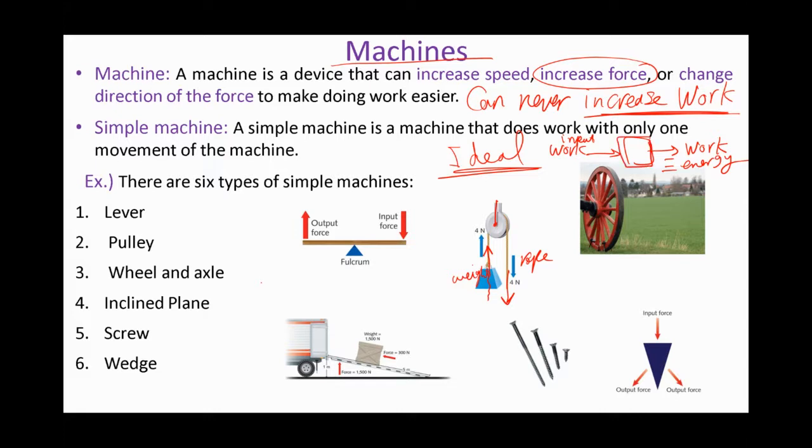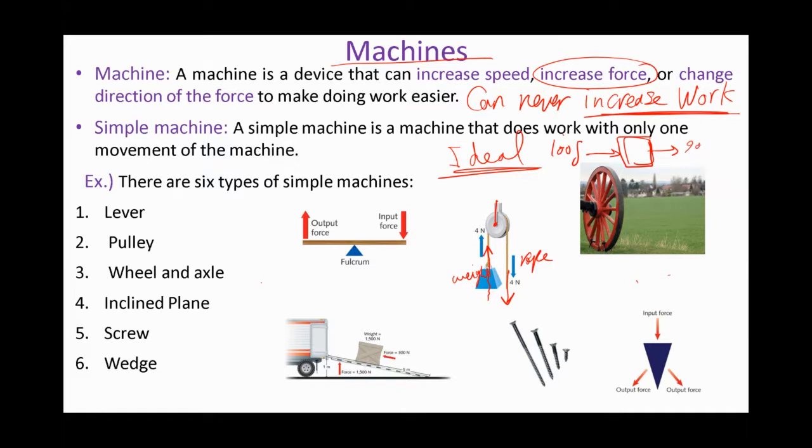Why? Because usually machines lose energy, they lose work. They lose it because of what? Usually because of heat, because of friction. All of these are losses. Okay. So if you apply work, let's say 100 joule on the machine, usually what you get from the other side will not be 100 joule.